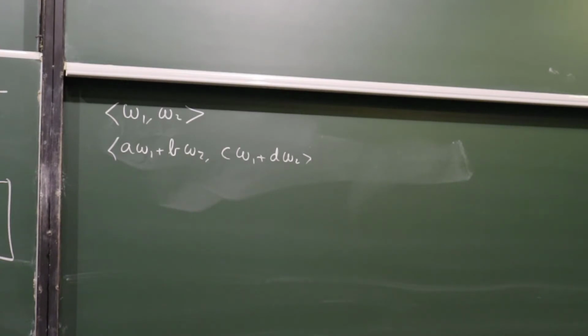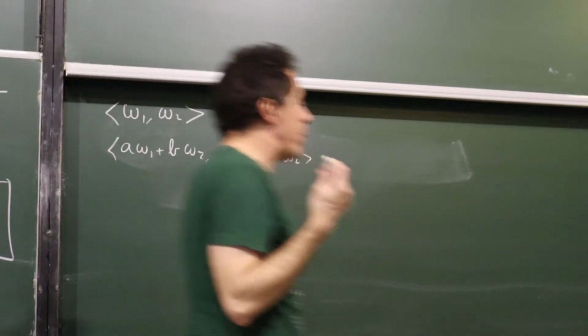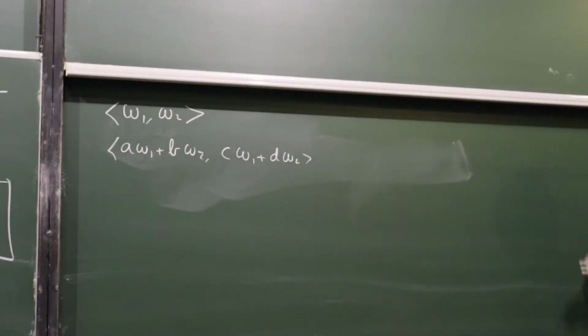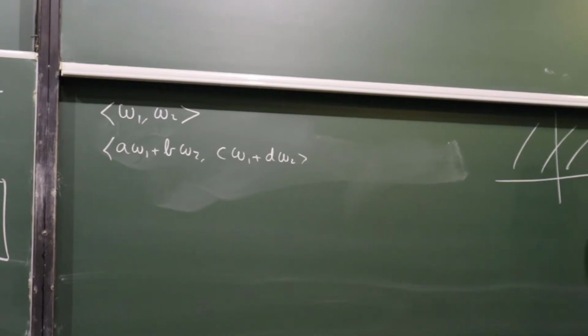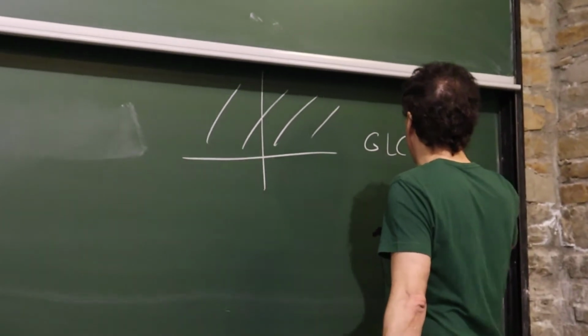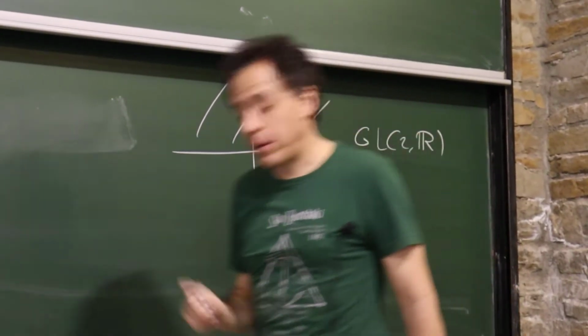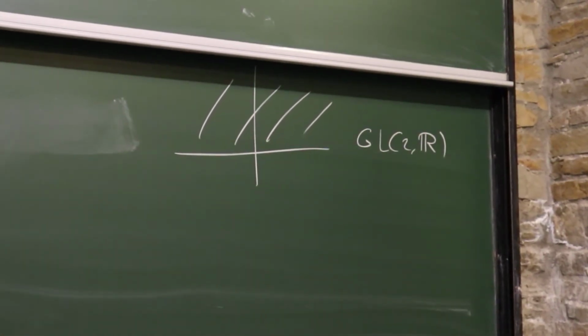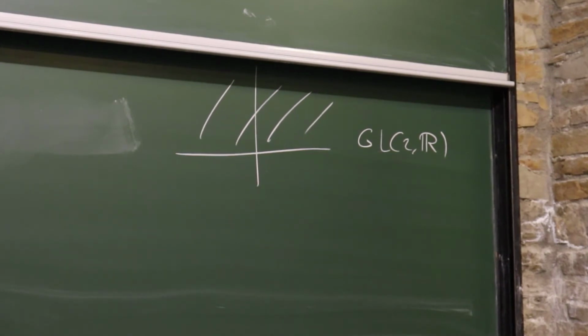And remember, in the theory of Möbius transformation, we arrived at the conclusion that Möbius transformations, the holomorphisms of the upper half plane, are exactly elements of GL2R, so they can be represented by real 2x2 matrices having positive determinant.